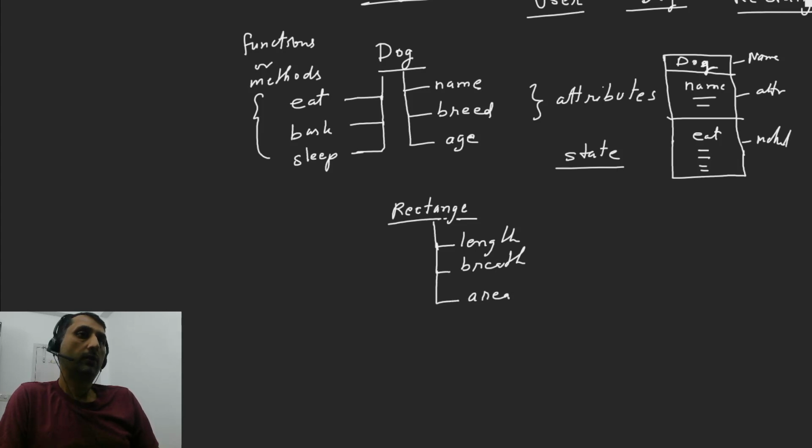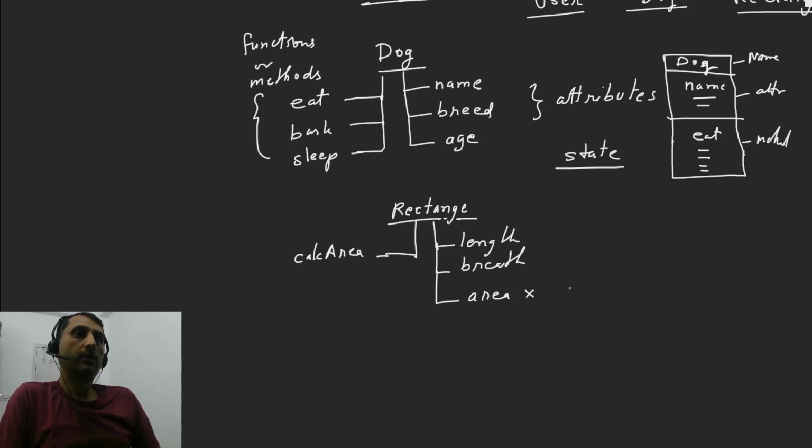Area. Which area also is not a unique attribute, it is actually dependent on the length and breadth. So it's not an individual attribute, so we can ignore this area also. We can calculate the area through functions. So it can have a function which can say calculate area. So this will calculate the area of the rectangle. So similarly, we can write the rectangle object like this.